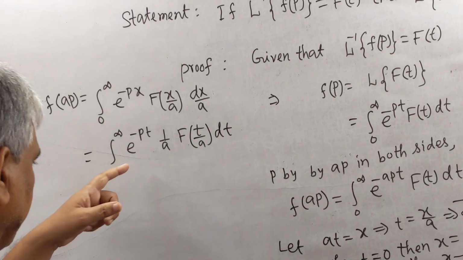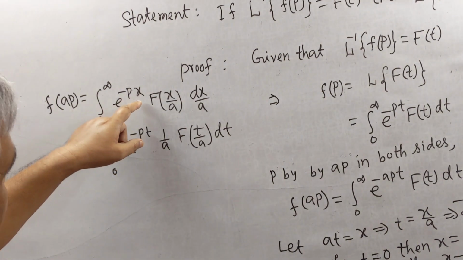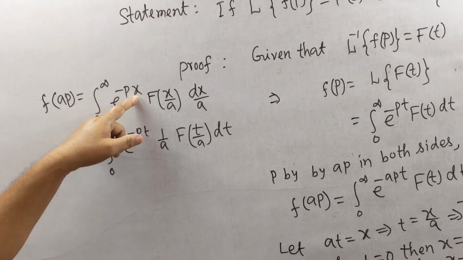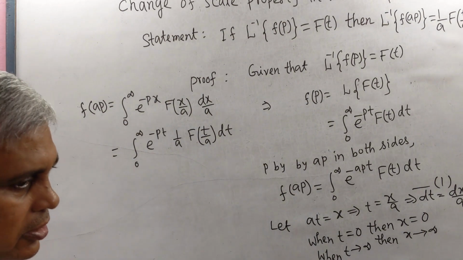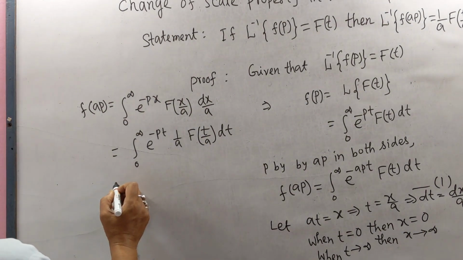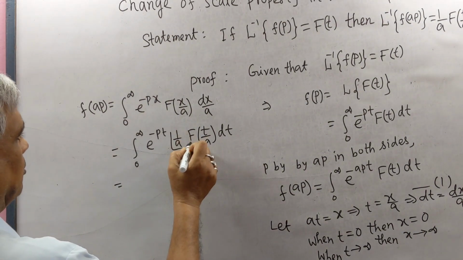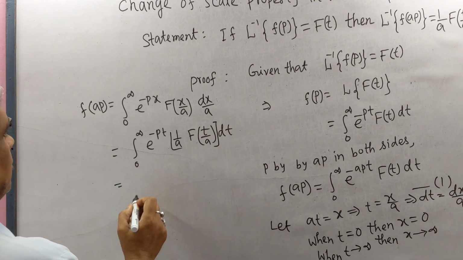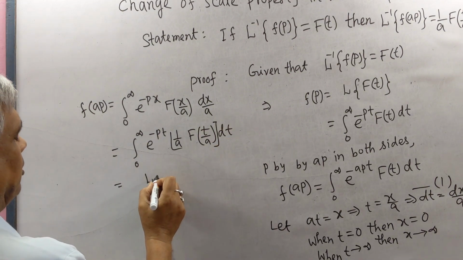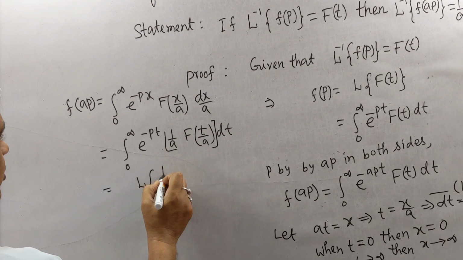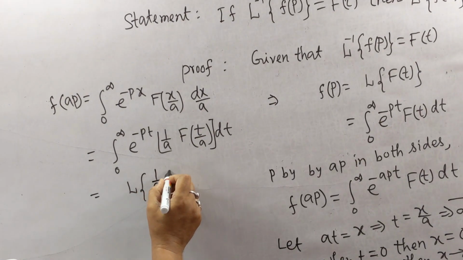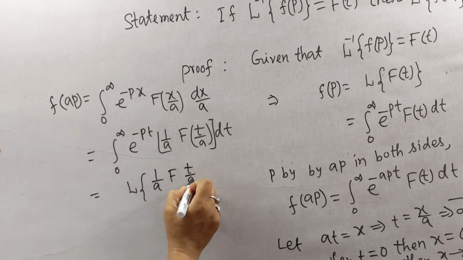As this is a definite integration, we may replace the variable x by t, equal to the Laplace transformation of 1 by a f(t by a).